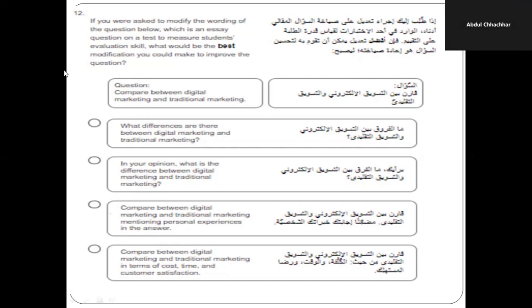Did you understand the question? Again, we have to go for which level? Evaluation. And the question is given.